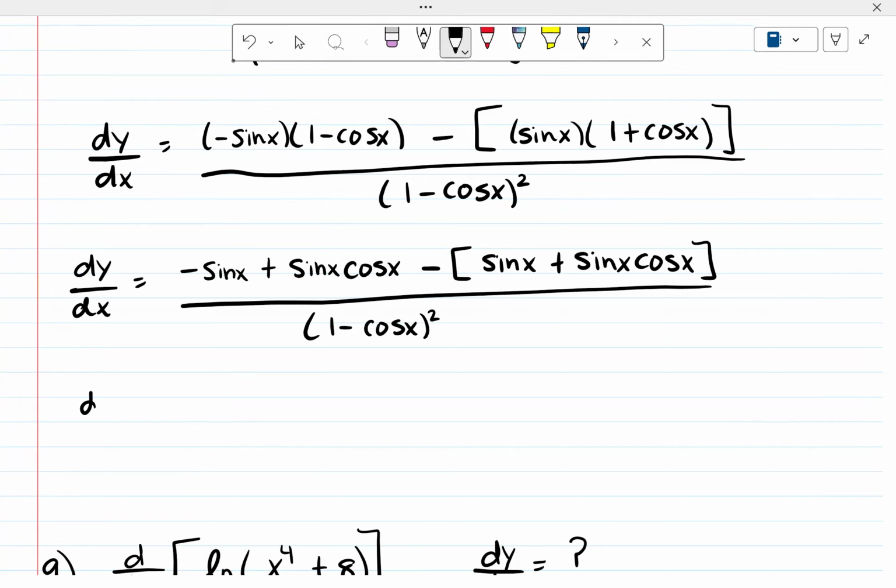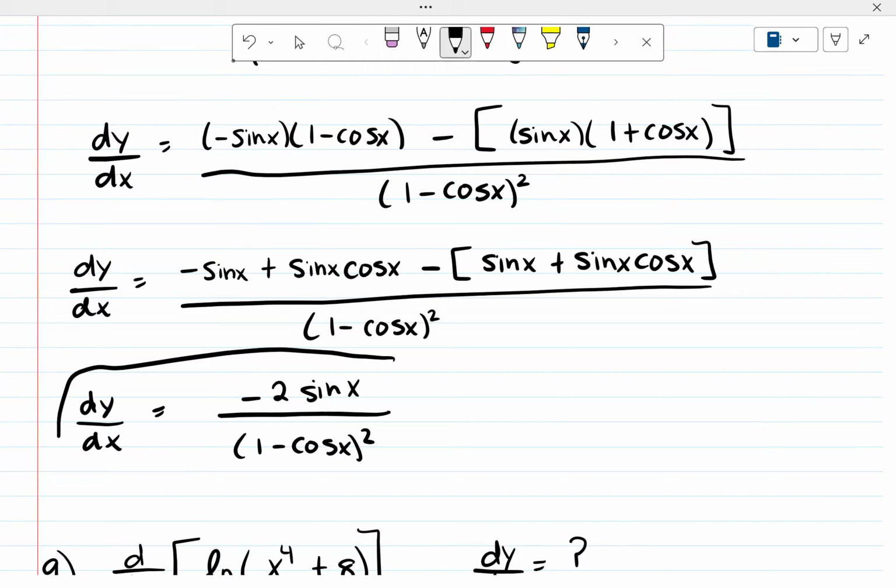When you do all the algebra, this is what you're going to get. Your final answer should be negative 2 sine of x over 1 minus cosine of x squared. So this is your final answer.